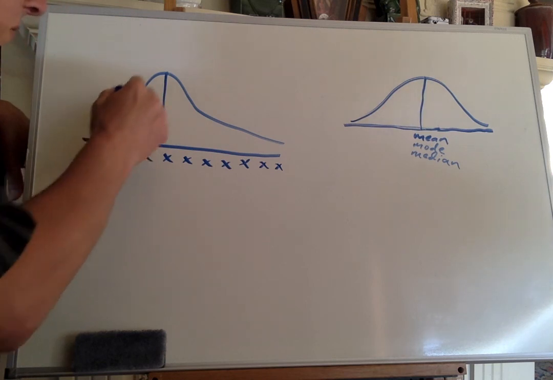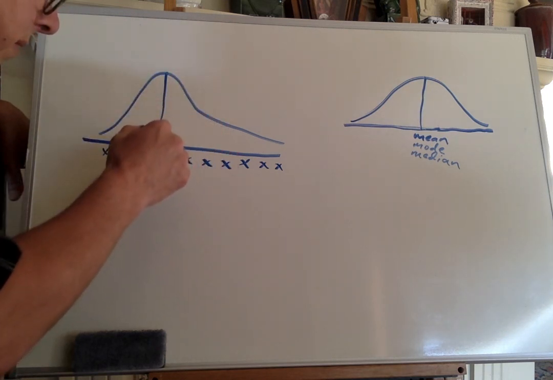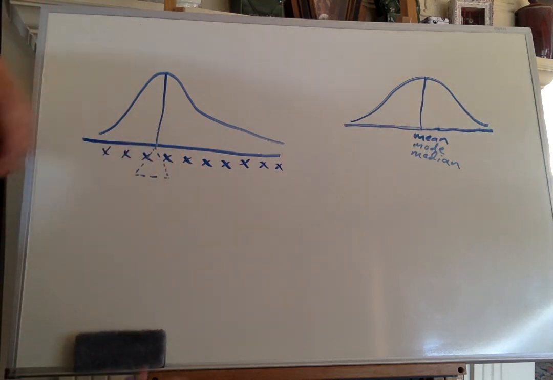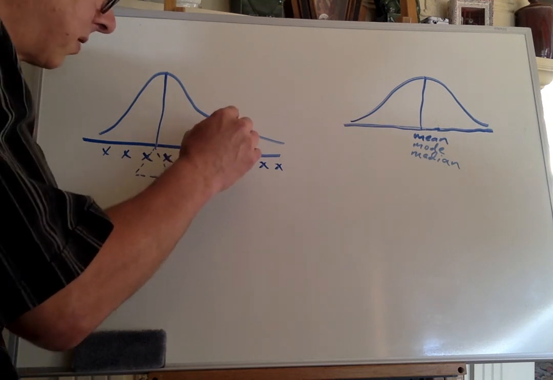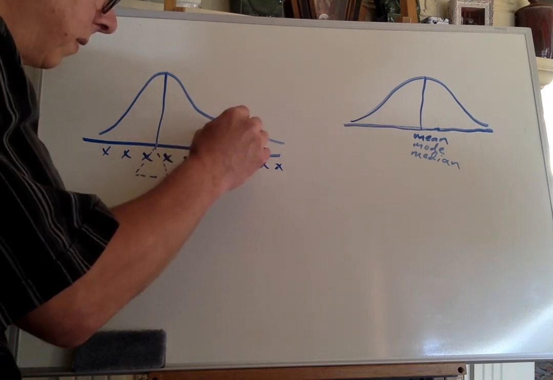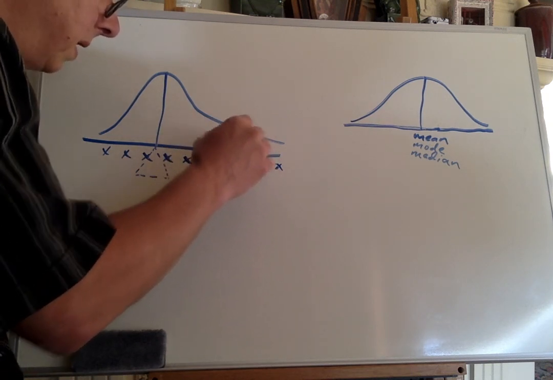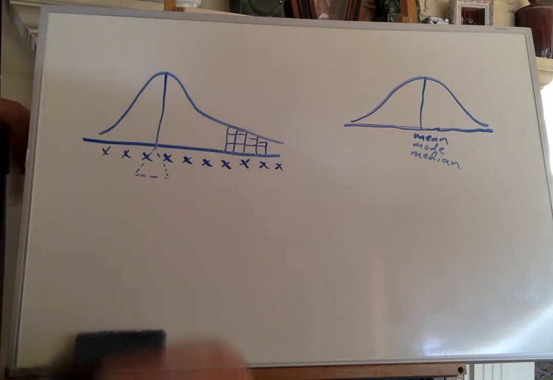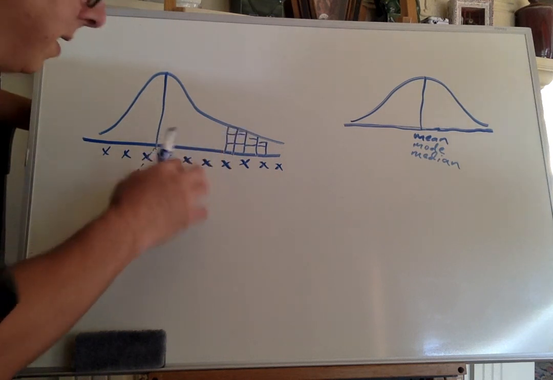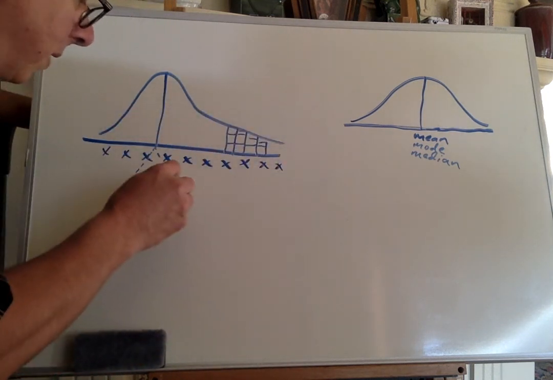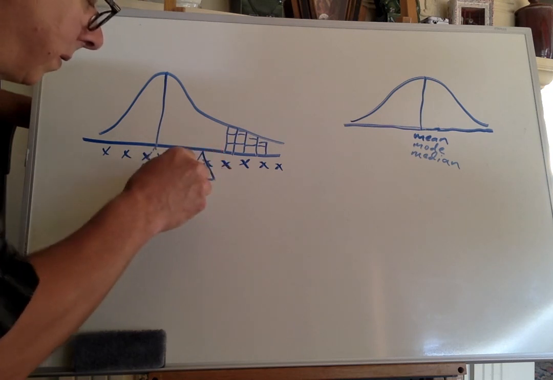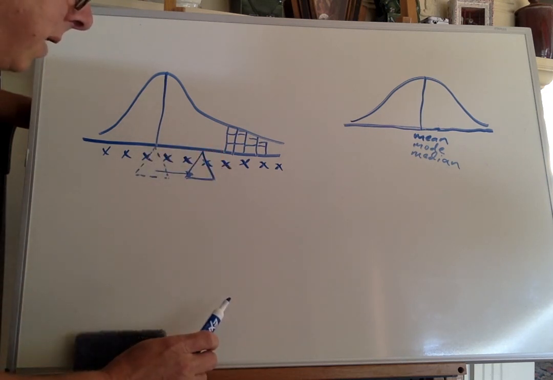Well, if this was normal, the mean would be right here, okay? But for a skewed distribution, remember, we have a bunch of extra scores out here, and so we have to take those into account, and that's going to tip our teeter-totter this way. And so what happens is the mean gets pulled out this way, okay?